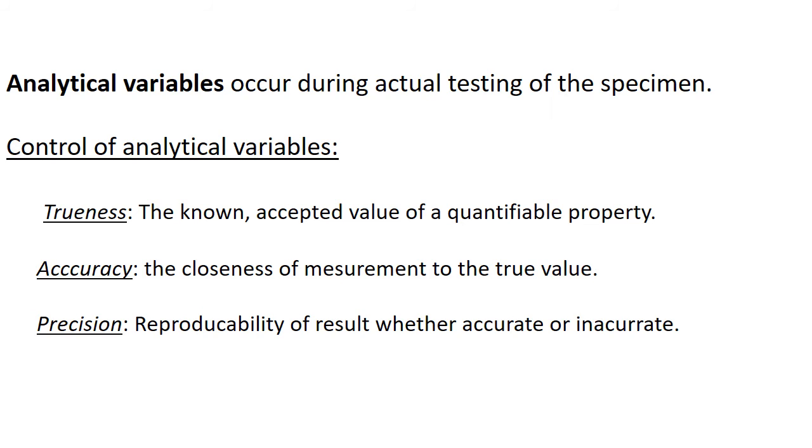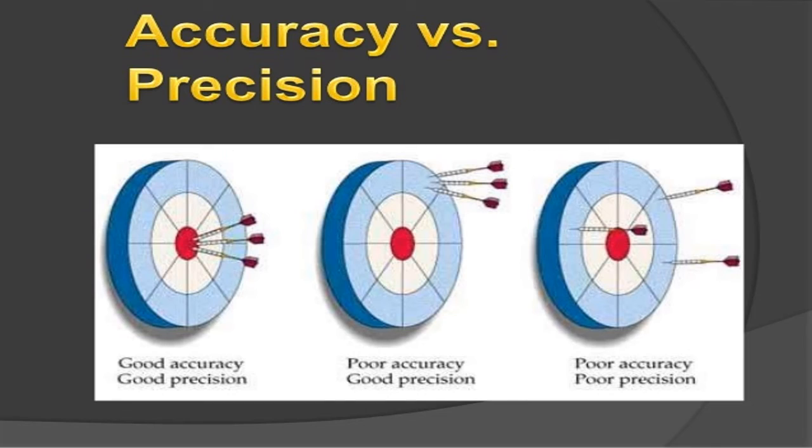Inaccuracy of result may be due to improper standard or reagents, incorrect instrument calibration or poor technique. Precision can be controlled by replicate test, that is repeat test, check the tests or repeat the test of various measured specimens. In the slide you see how the accuracy and precisions are shown.